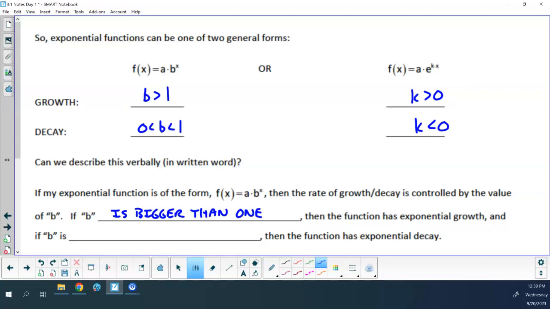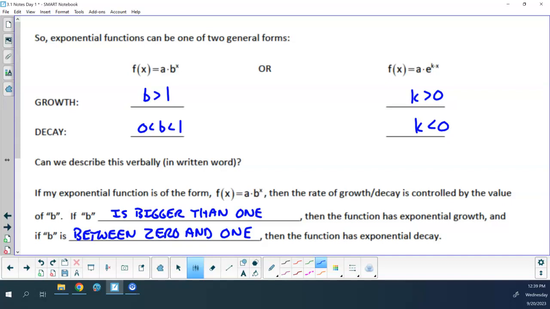And if b is between 0 and 1, then the function is decaying.